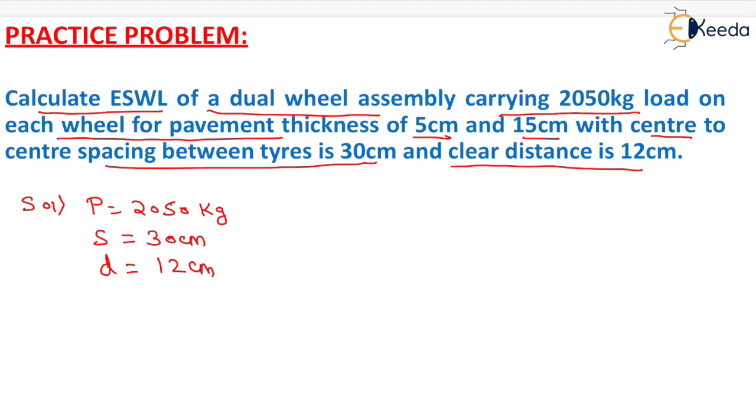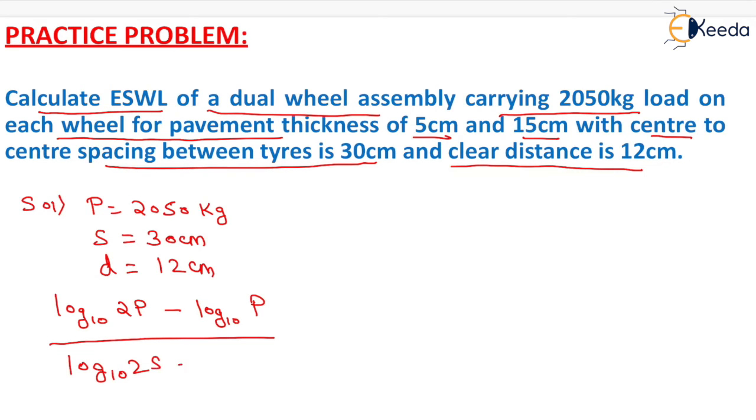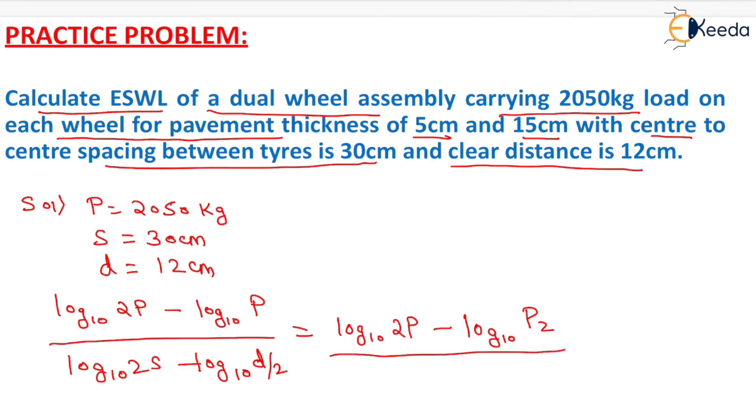So we know the formula of equivalent single wheel load, that is (log 2P minus log P) upon (log 2S minus log d by 2) will be equal to (log 2P minus log Pz) divided by (log 2S minus log z).